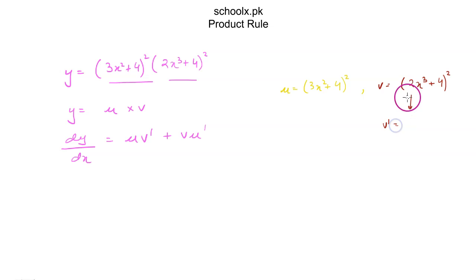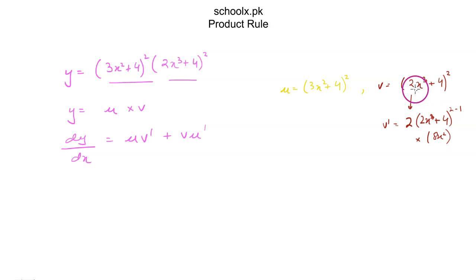Now let's find the derivative of v. I'll use the chain rule, or I'll use the statement: differentiate the outer power, into differentiate the inner function, without touching the outer function. So I'll get 2 into 2x cubed plus 4, to the power 2 minus 1, into the derivative of the inside, so I'll get 8x squared, right?